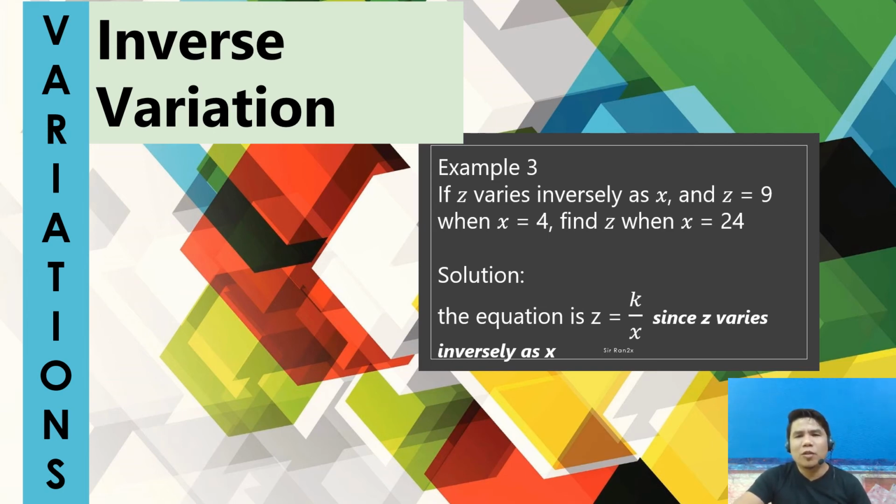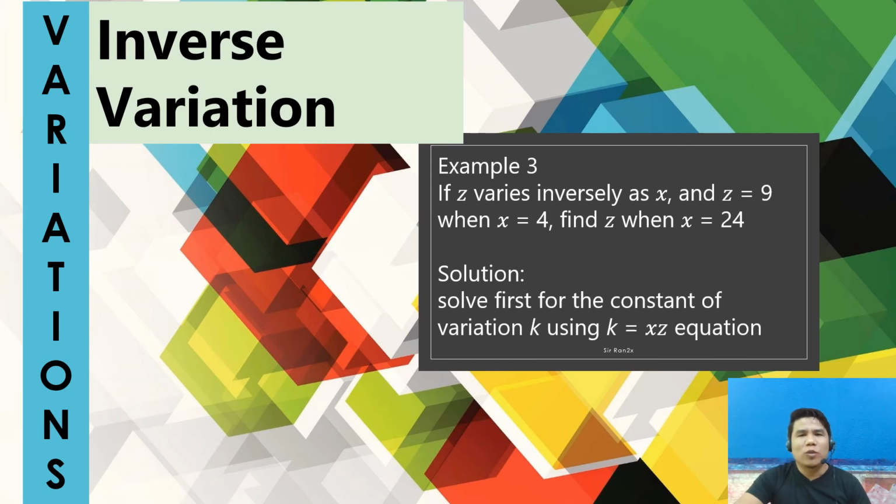So, the equation z is equal to k over x, our translation of z varies inversely as x, will be our guide. So solve first for the constant of variation k using, of course, k is equal to xz. You have to get the product of x times z, and that will give you your constant of variation.